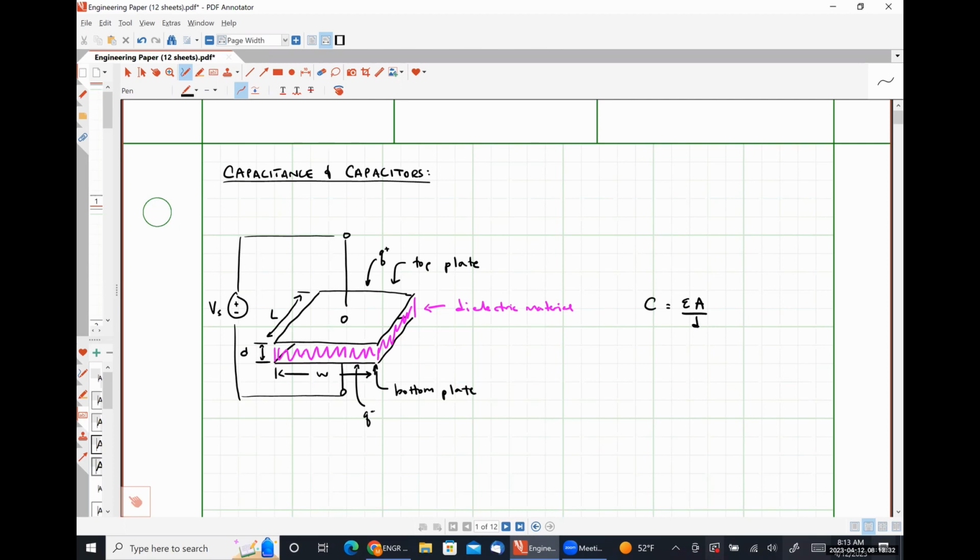But because the amount of negative charge on the bottom plate has to match the amount of positive charge on the top plate, whenever we allow that charge to leave, we are going to see a current flow, right? So when positive charge leaves the top plate, we're going to have a current flowing up. And when negative charge leaves the bottom plate, we're also going to have a current flowing up.